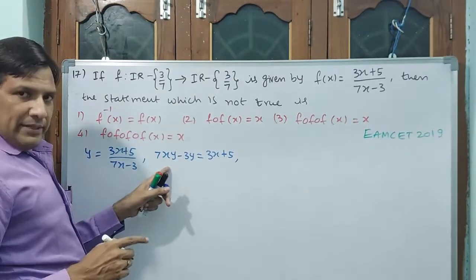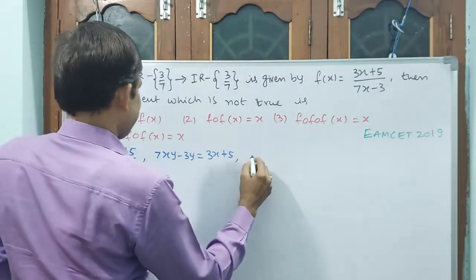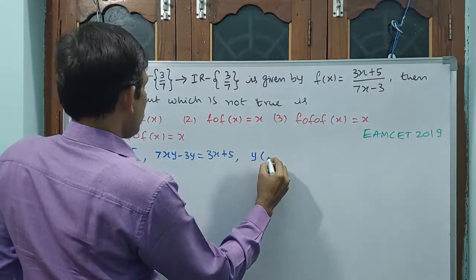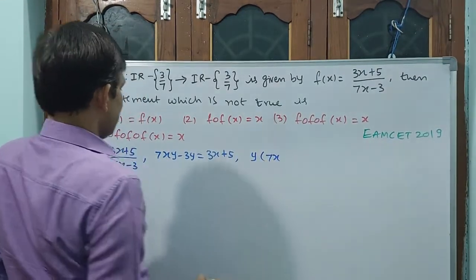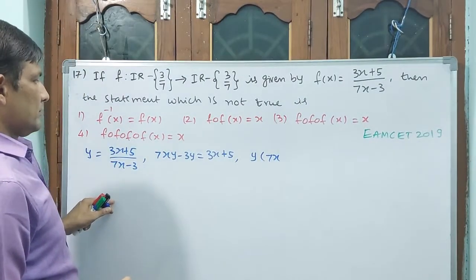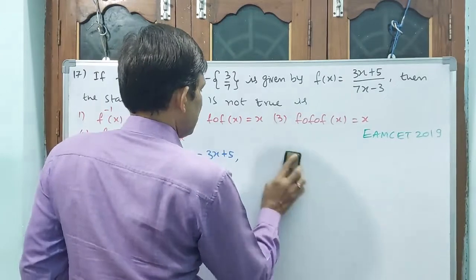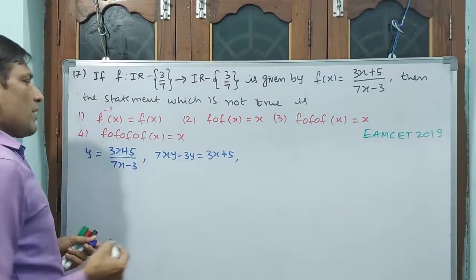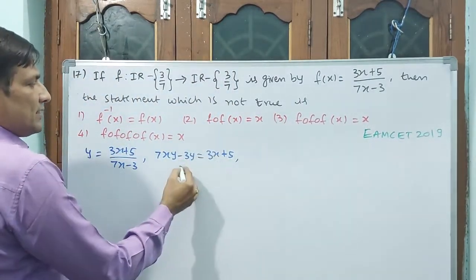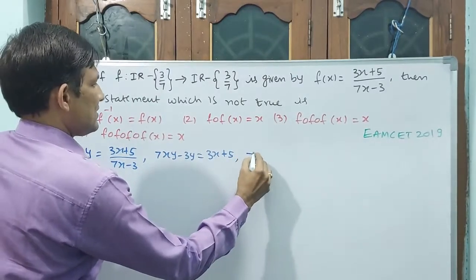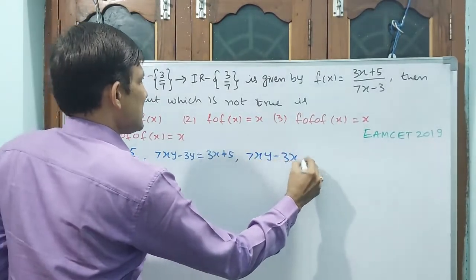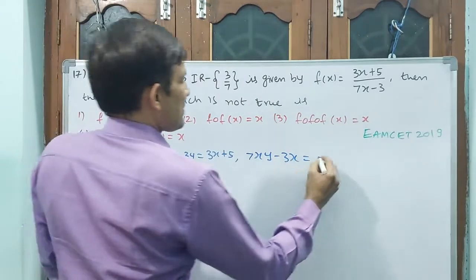Now you send 3x this side and 3y that side. 7xy minus 3x is equal to 3y plus 5.